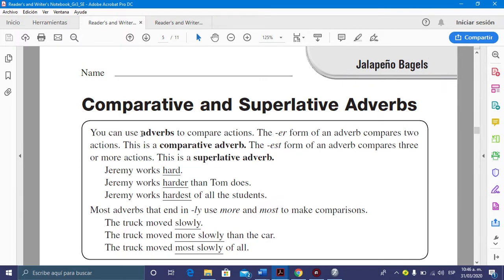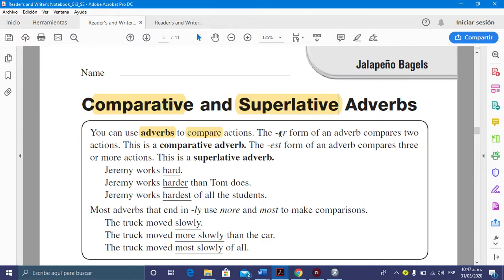You can use adverbs to compare actions. So we can use adverbs to form comparative and superlative.